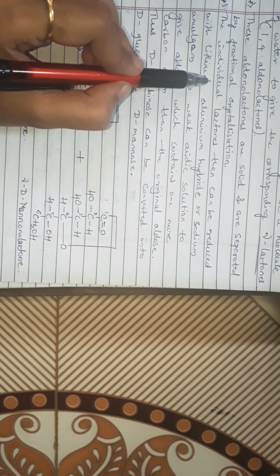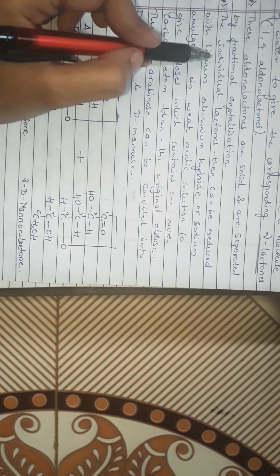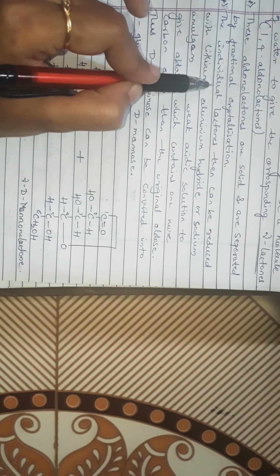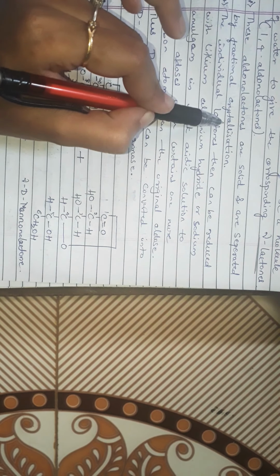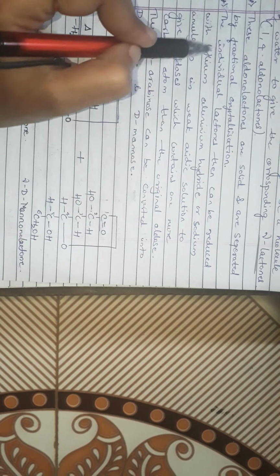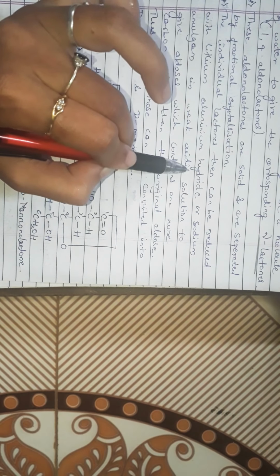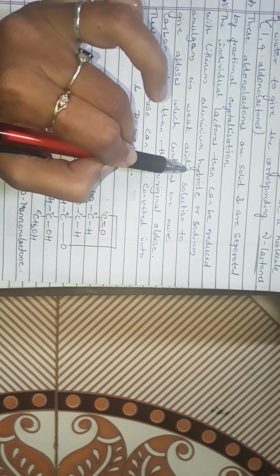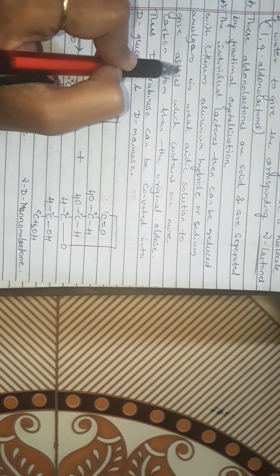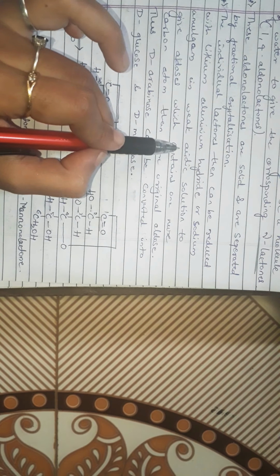In the next step, these both lactones undergo reduction. These individual lactones can be separated, because both are solid in nature and can be separated by fractional crystallization. Once separated, both can undergo reduction individually with lithium aluminum hydride, which as you know is a reducing agent, or with sodium amalgam, which is also a reducing agent, in the presence of a weak acid.